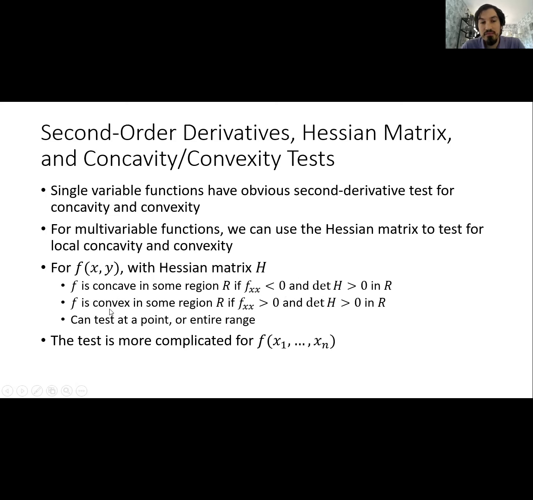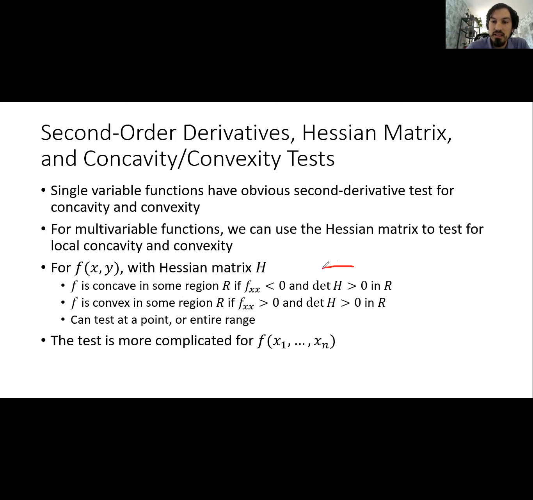What about convexity? Well, it's the reverse, kind of. Just like before when we were talking about one variable, f double prime positive is convex, f double prime negative is concave. You still have that here: fxx negative is concave, positive is convex. But look at the determinant.